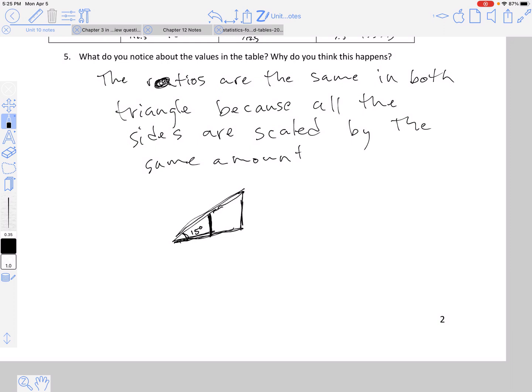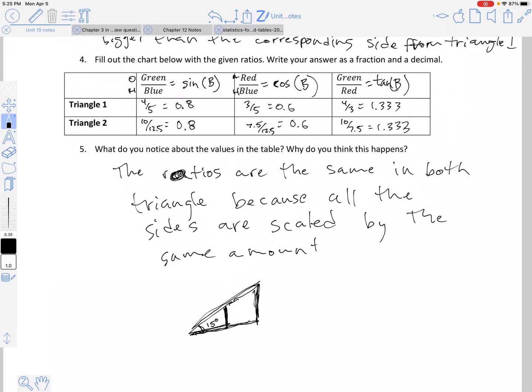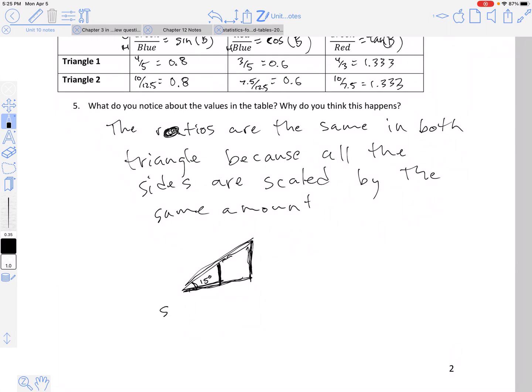So the angle is always expanding as we move out in a straight line, which will make it expand at the same ratio. So sine of 15 degrees would give us the same opposite over hypotenuse ratio as opposite over hypotenuse, meaning that whole thing. Okay? All right.